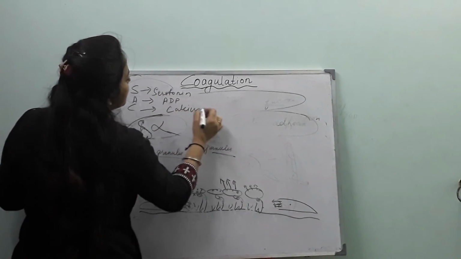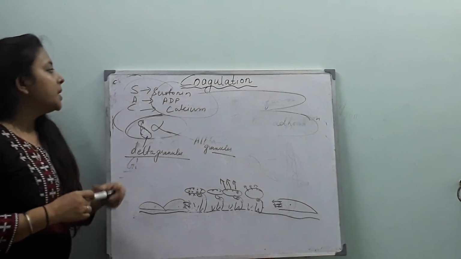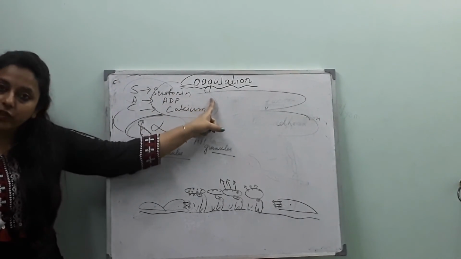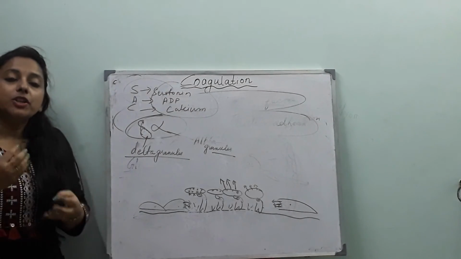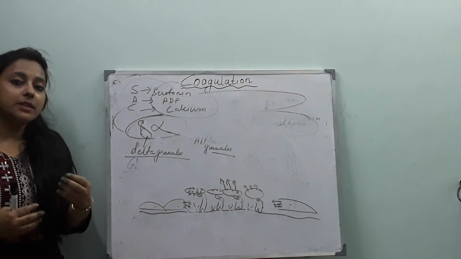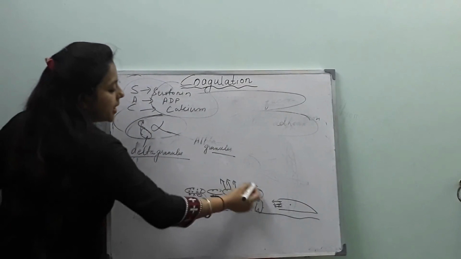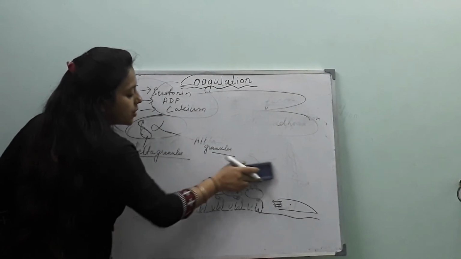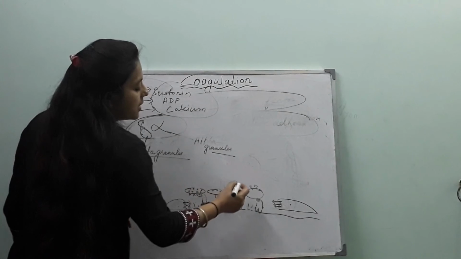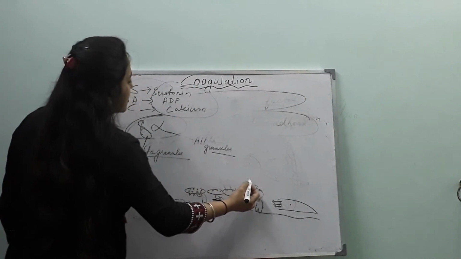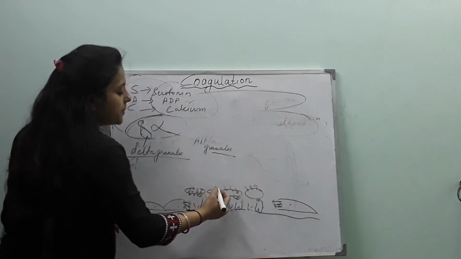Now, what is the purpose of these chemicals present inside the delta granules? Serotonin acts as a vasoconstrictor. ADP initiates the inactivated receptors around platelets. This area releases its chemicals continuously, and this area becomes highly concentrated with ADP.